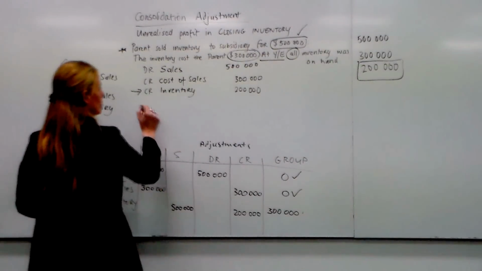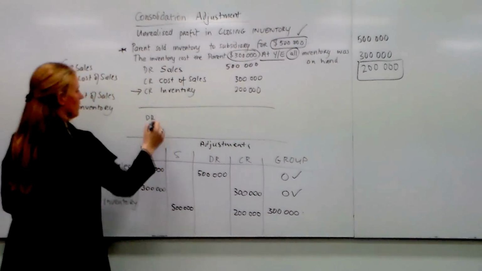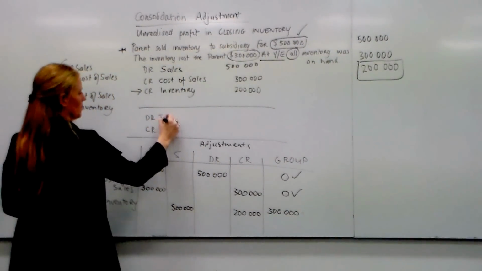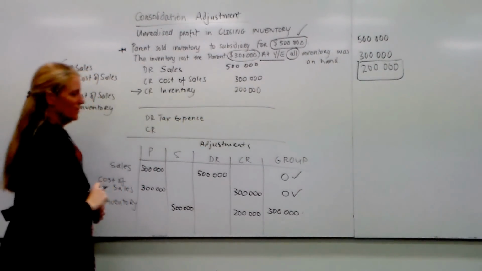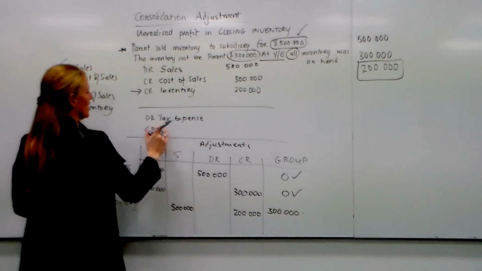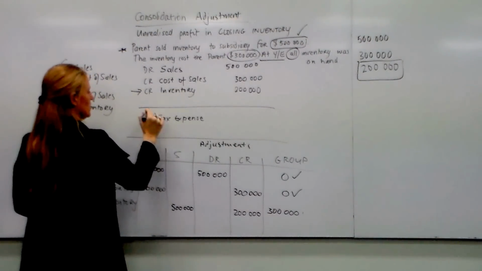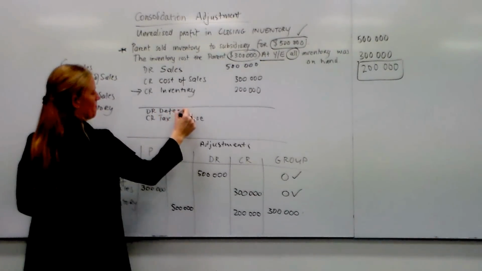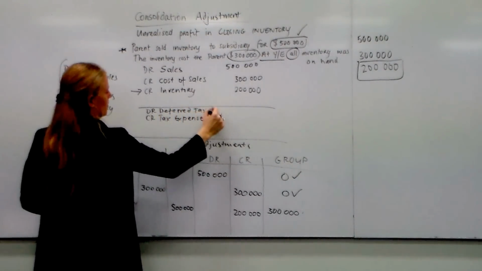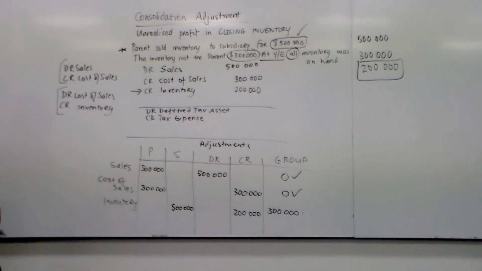Okay, relatively straightforward. The tax side of that, we're going to have debit tax expense, and actually, we're going to be crediting tax expense. So I'm going to put that there, and we're going to debit deferred tax asset. Okay, why are we going to credit tax expense?